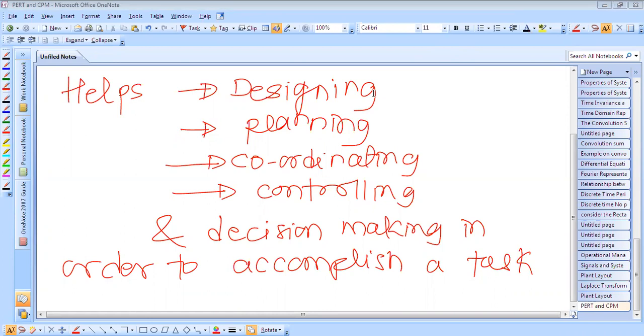The task which is given to us, we have to accomplish, and therefore network analysis is used for doing the analysis of the system, and from the analysis we can plan our project.